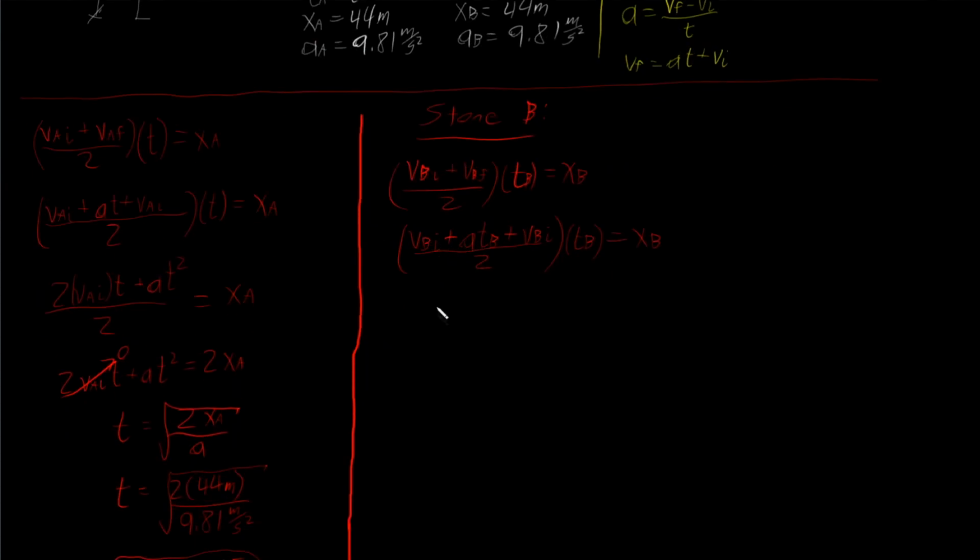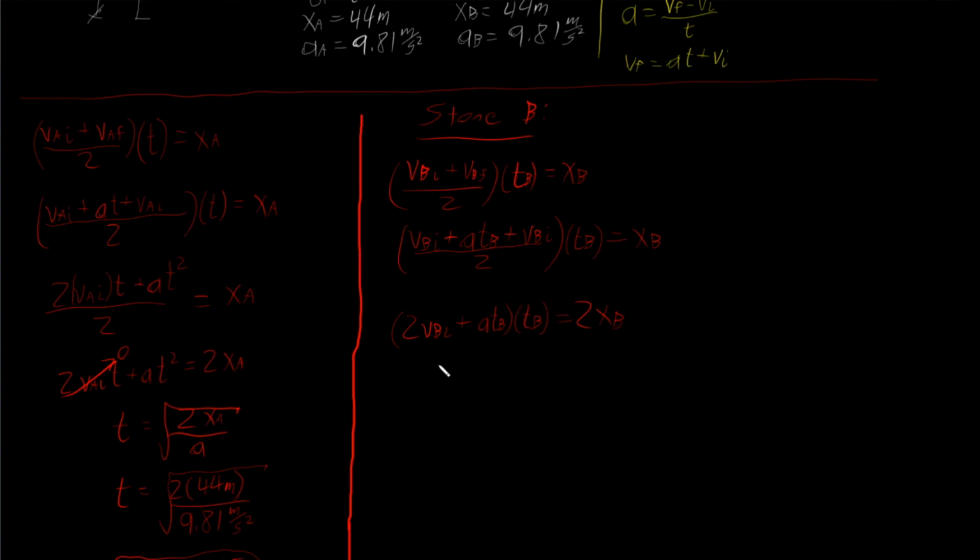Inside the brackets here, we'll have 2 times the initial velocity of stone B, because we have 2 of the same terms being added together, plus acceleration times time B. This is multiplied by the time that stone B is falling. We could bring this 2 on the bottom up to the other side, so we have 2 times the distance that stone B travels.